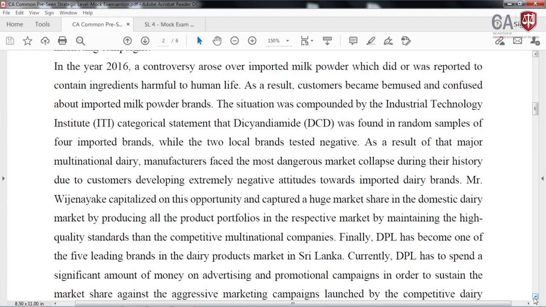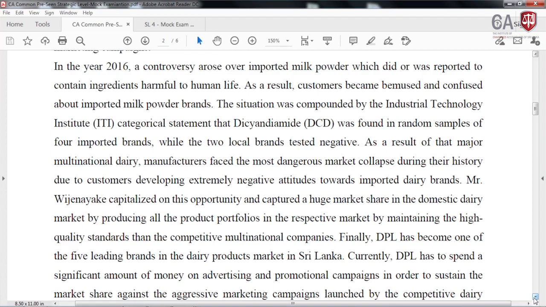Mr. Vijayanayaka capitalized on this opportunity and captured a huge market share in the domestic dairy market by producing all the product portfolios in the respective market while maintaining a higher quality standard than the competing multinational companies.